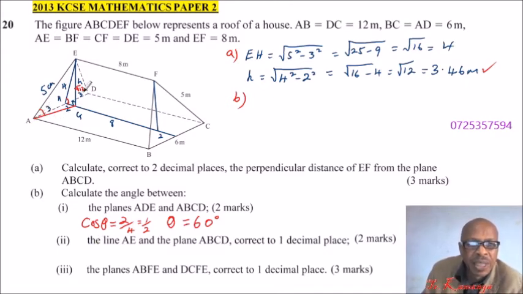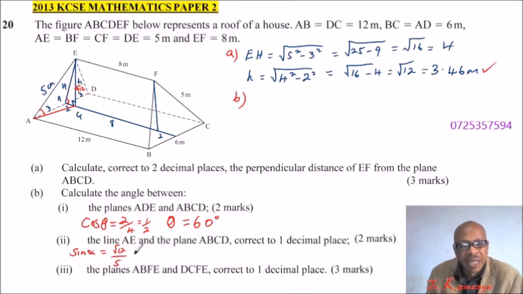Sine of this angle, let's call it alpha, is opposite over hypotenuse, which is root 12 divided by 5.